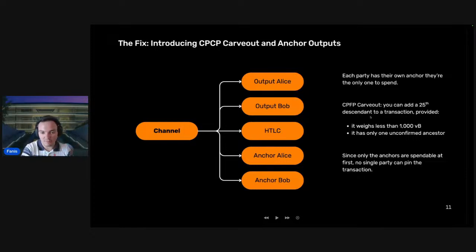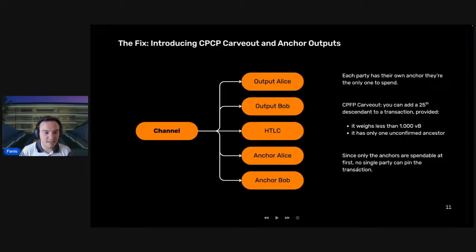So more specifically, it must not weigh more than 1,000 virtual bytes. And it has only one unconfirmed ancestor. And since only the anchors are spendable at first, so there is a one block time lock on all the other outputs. So only the anchors are spendable when the commitment transaction first confirms.